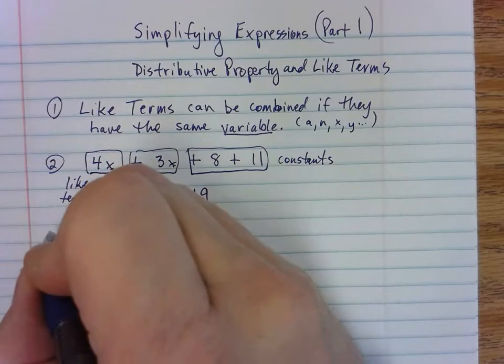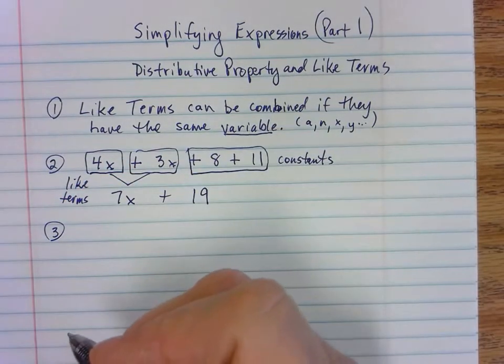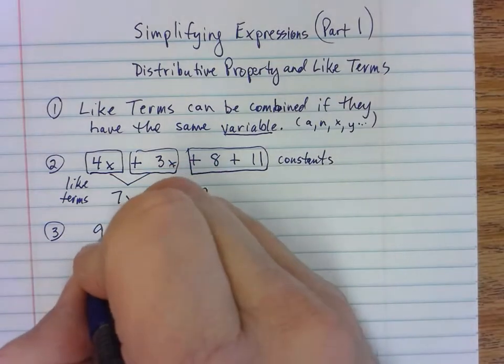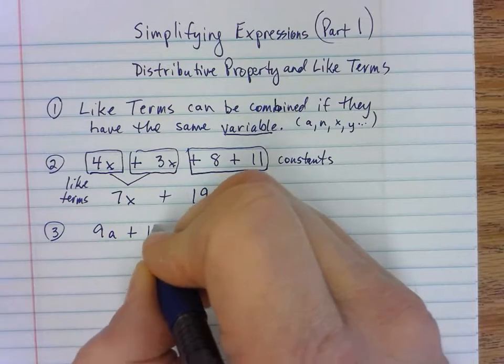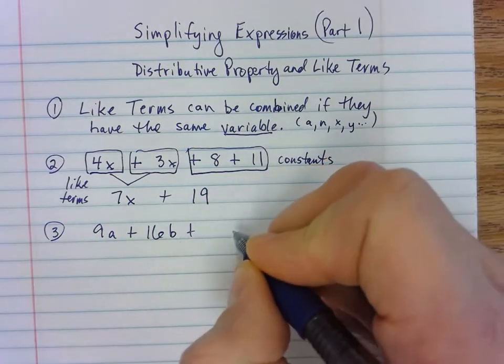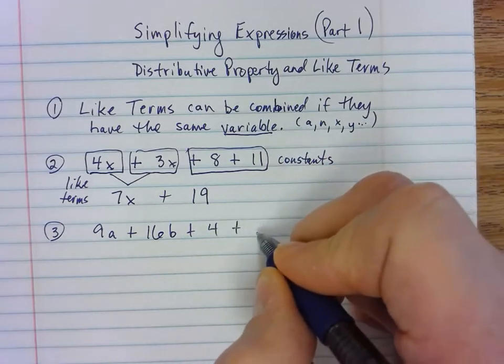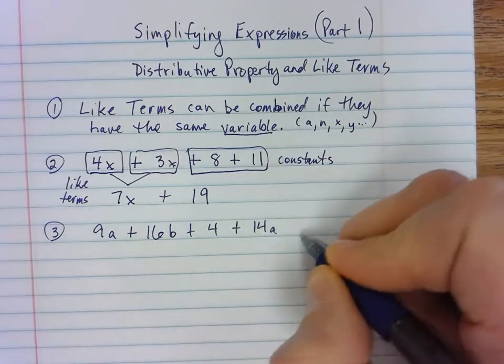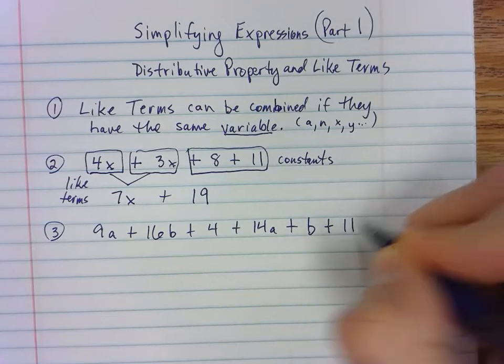All right, let's try another one. This time I'll make it a little bit harder. Let's say we've got 9a plus 16b plus 4 plus 14a plus b plus 11.